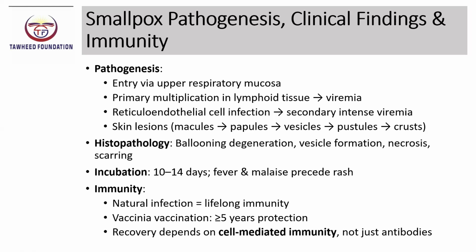In the human host, neutralizing antibodies develop within a few days after onset of smallpox but do not prevent progression of lesions, and the patient may die in the pustular stage with high antibody levels. So cell-mediated immunity is probably more important than circulating antibody.